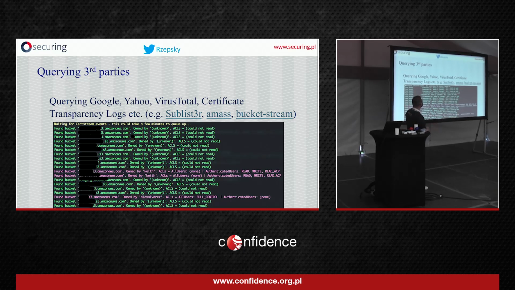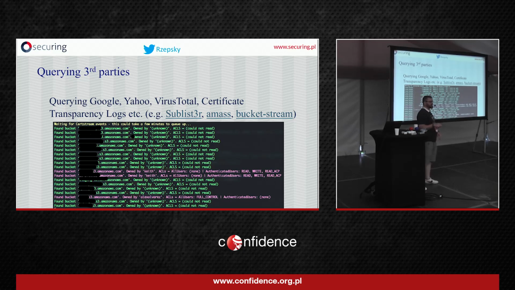So you stop using Sublist3r, because Amass is much better. It is quite a new tool, but it really rules. Amass is asking all those third parties, but also the certificate transparency logs. Bucket stream only asks the certificate transparency logs.